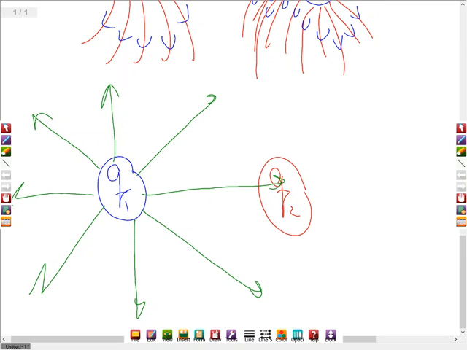That means the force depends on the electric field of the other charge. Q1 has an electric field at any point here: E1, E2, E3.